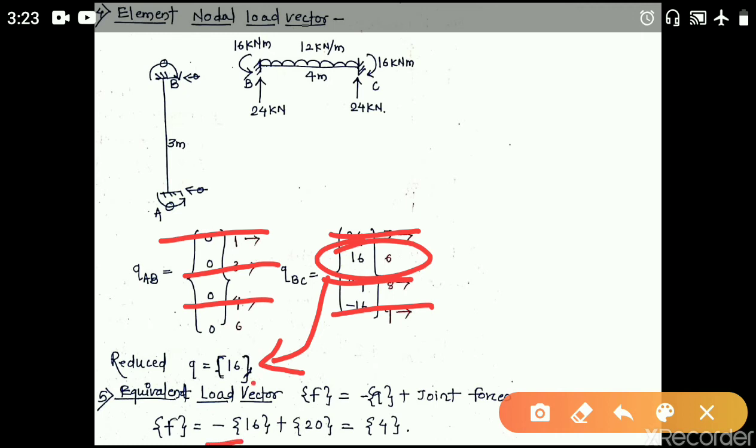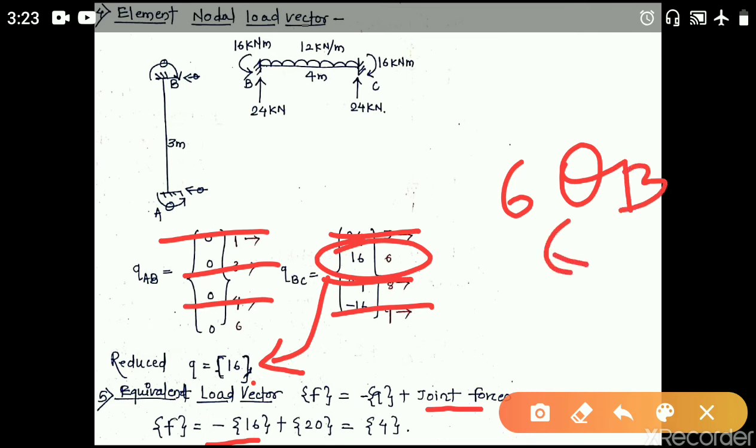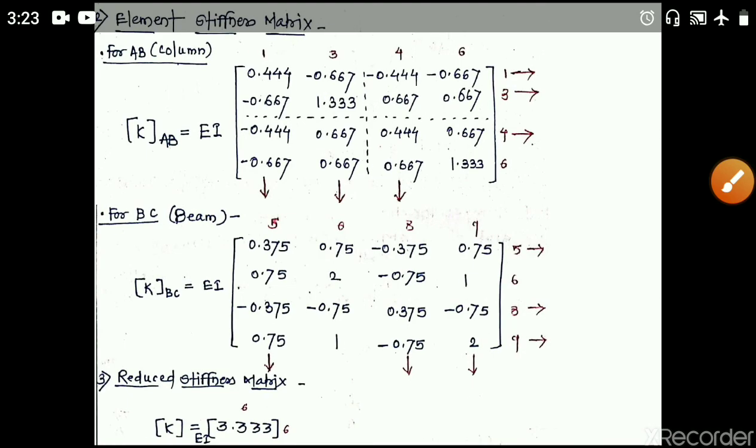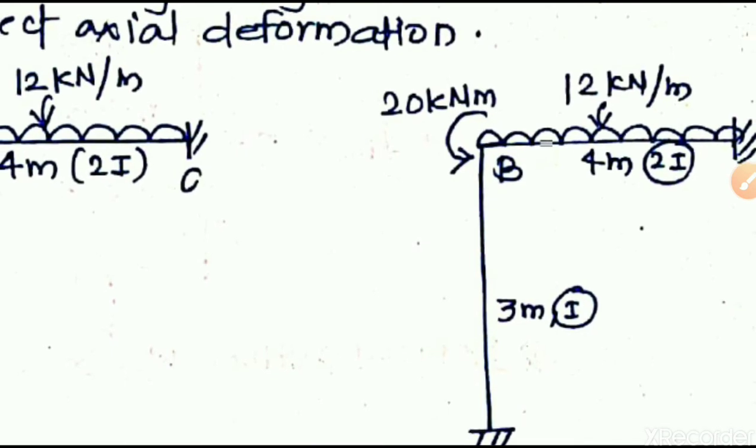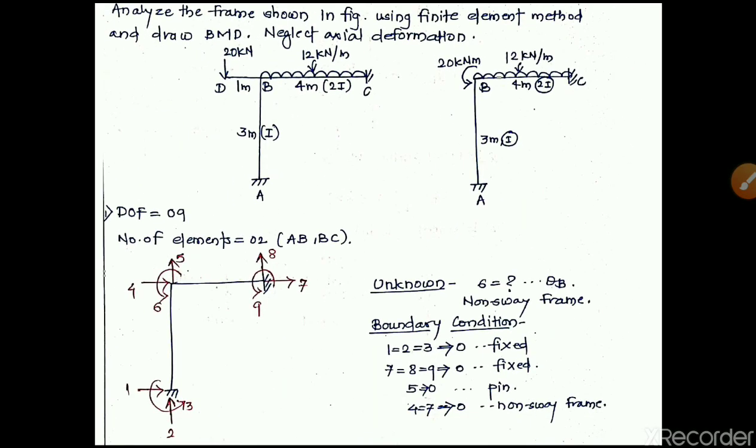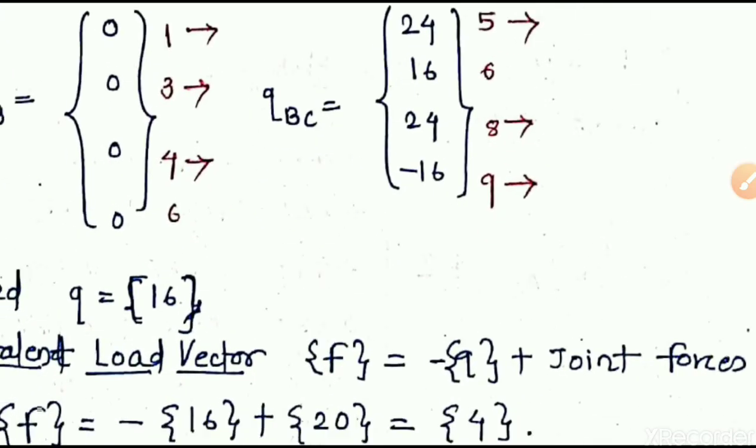Then apply the equation F is equal to minus Q plus joint forces, so minus 16 plus joint forces. The joint forces come from the original figure. The unknown is number 6, theta B, so the corresponding action is the moment at B. In the original figure, the overhang part that we converted into a moment is 20 kilonewton meter, acting anti-clockwise at point B. Since it is anti-clockwise, consider it positive.